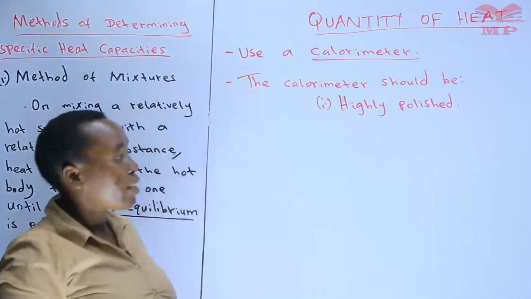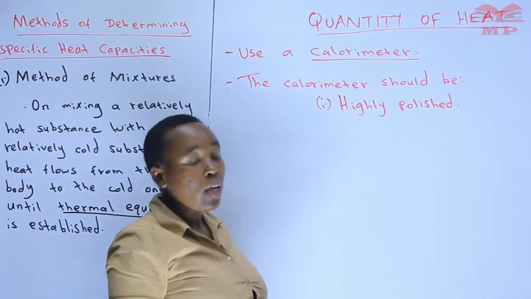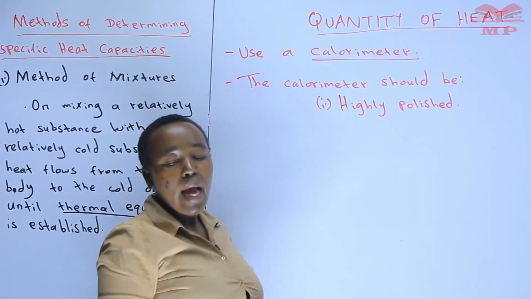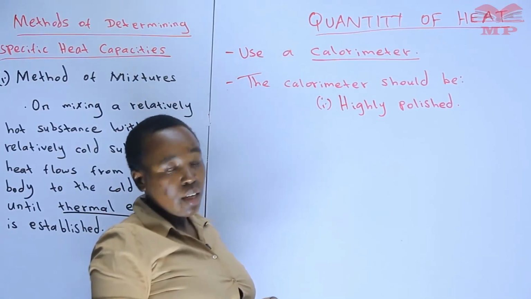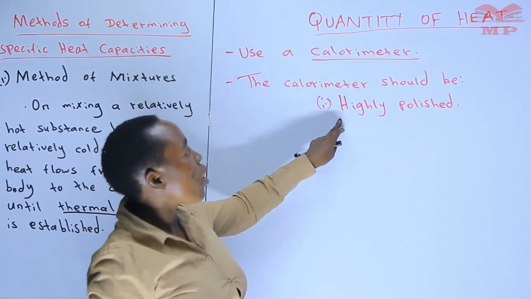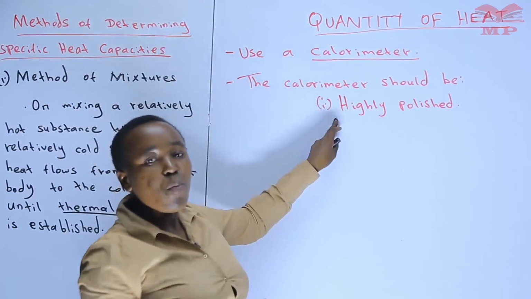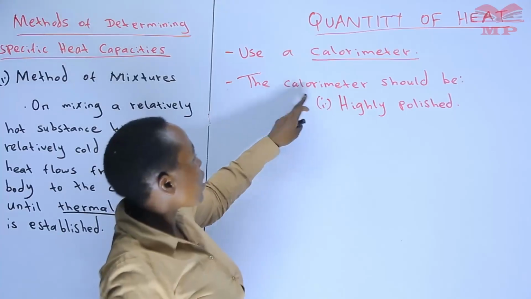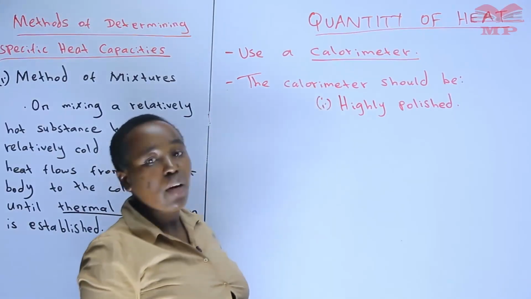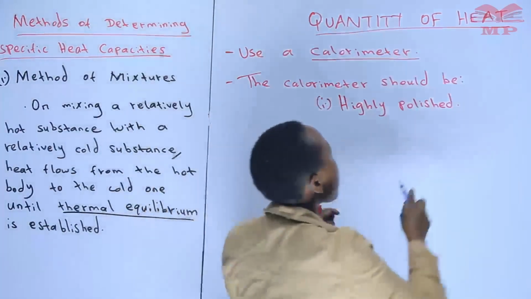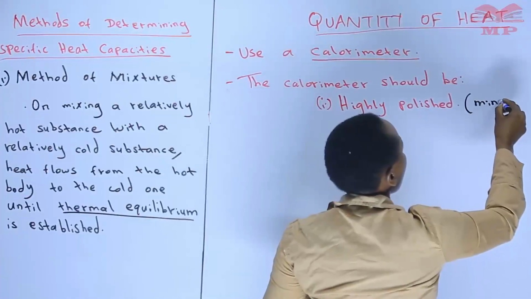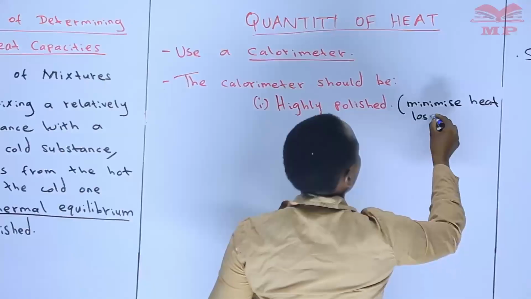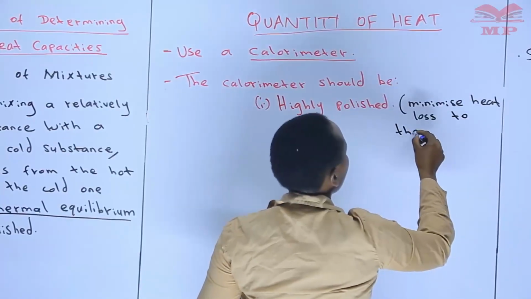Now we learned in heat transfer, Book 2, that shiny surfaces are poor emitters of heat. So when we use a highly polished calorimeter, it's to minimize heat loss to the surrounding.